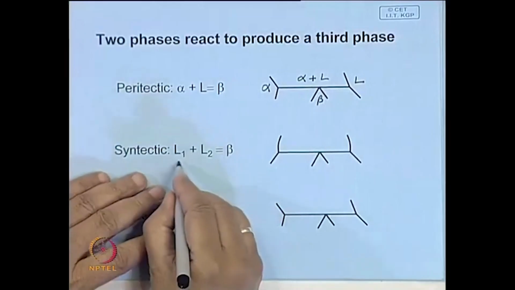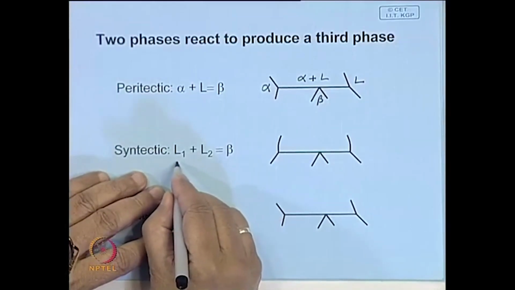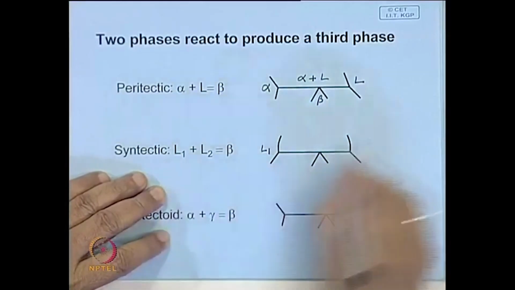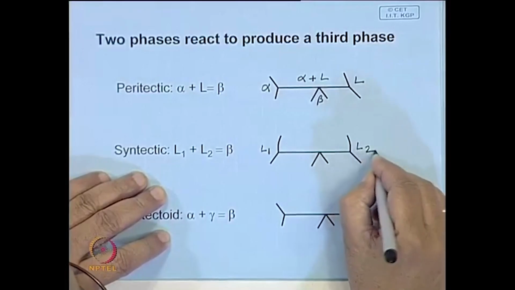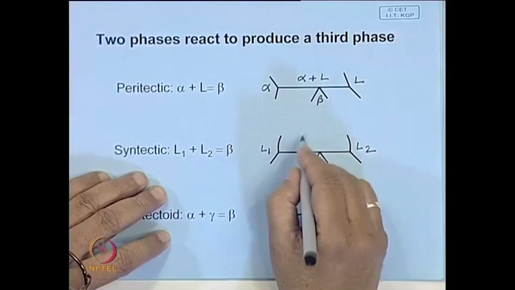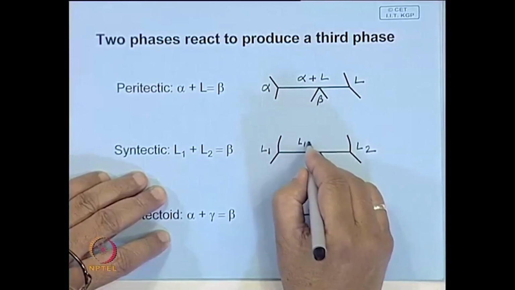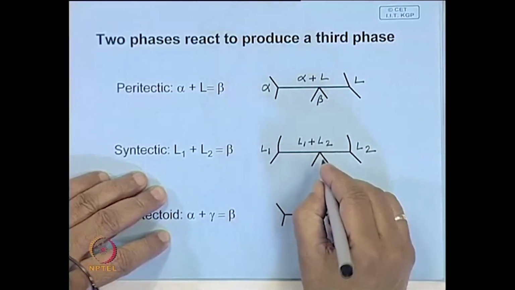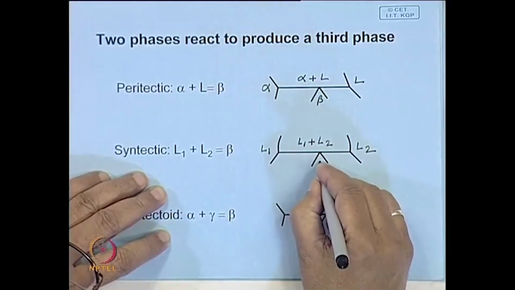Now, you can think about liquid immiscibility. That means if there is a liquid immiscibility like this, the liquid here dissociates into two liquids L1 and L2. Now, these two can react and form a solid.